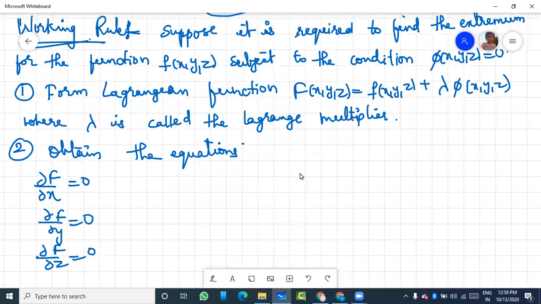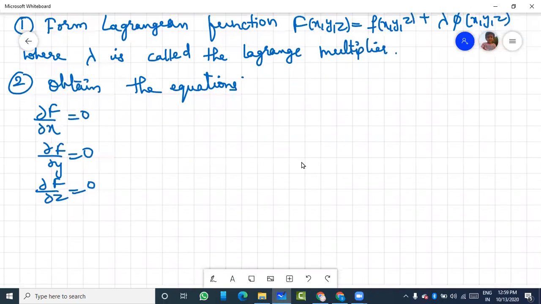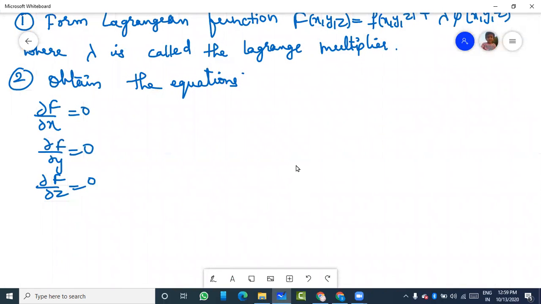We take only the first order derivatives with respect to x, y and z and equate them to 0. Here the function has three variables, so we differentiate the Lagrange's function capital F partially with respect to the variables involved.